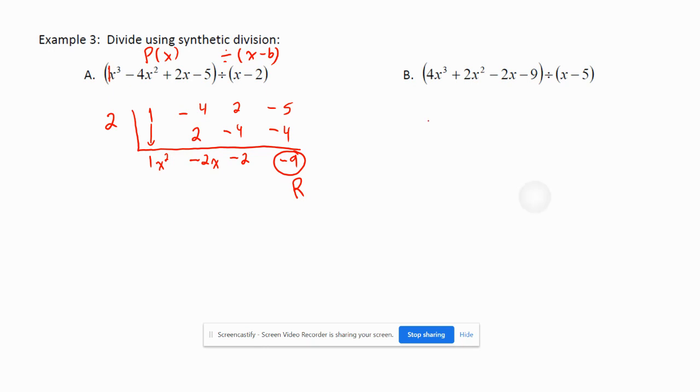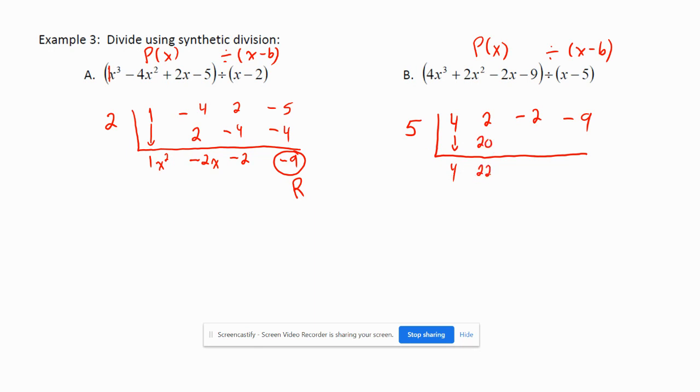Same idea, for example, b. So if I'm dividing p of x by x minus b, I put the b value out here. The b value is 5. Then I have 4, 2, negative 2, negative 9. 4 comes down, we multiply. Add, multiply.